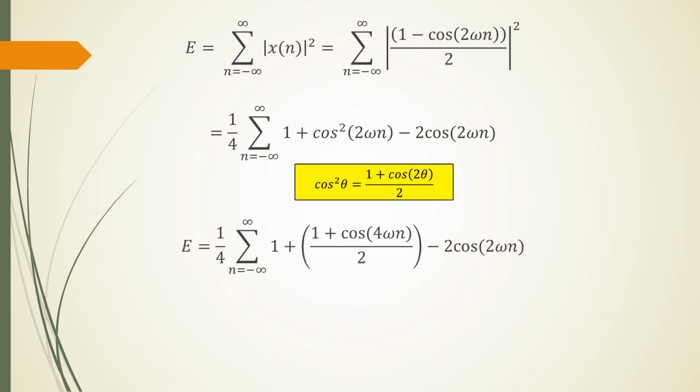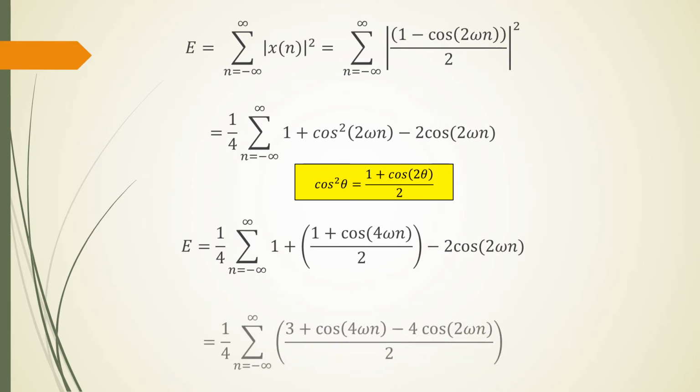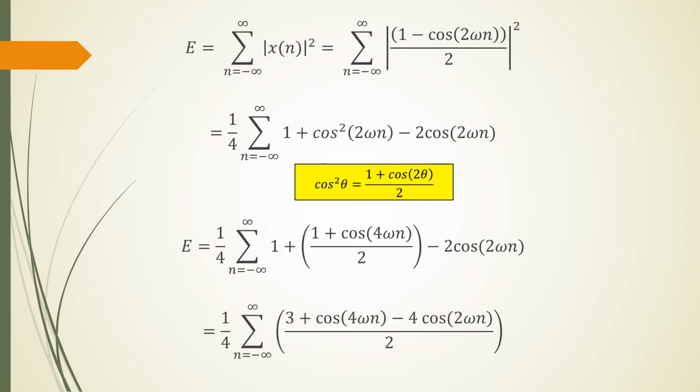On substituting it, we can further simplify it with a common denominator of 2, and you get 1 by 4 summation n is equal to minus infinity to plus infinity of 3 plus cos 4 omega n minus 4 cos 2 omega n, by 2.